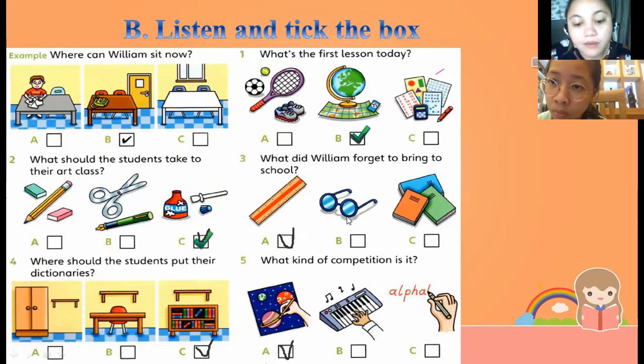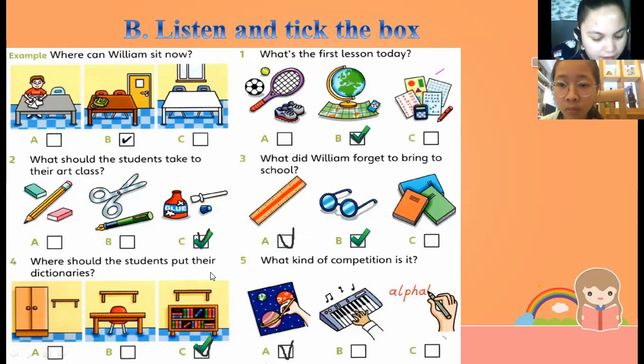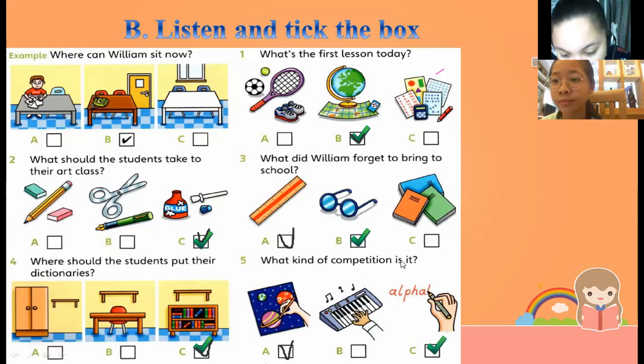Number 3, what did William forget to bring to school? Letter B, okay, not letter A. Number 4, where should the students put their dictionaries? Letter C, and last one, what kind of competition is this? Answer is letter C. Okay, so 3 points for you, Laura.